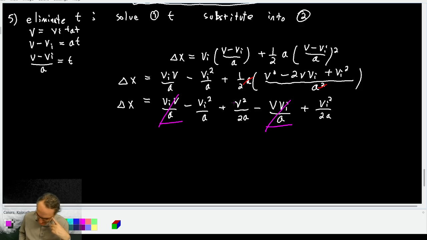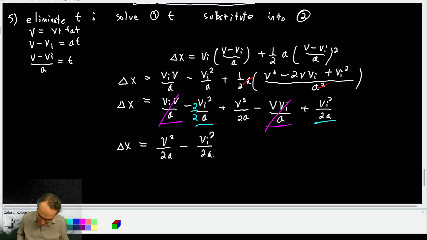Let's see, this has nothing similar, but we do have these which can be added together. So this one's over 2, let's create a common denominator. So we've got more negative than we have positive, the result's going to be negative. So let's take the positive term first. V final squared over 2a, then the result of this is minus vi squared over 2a.